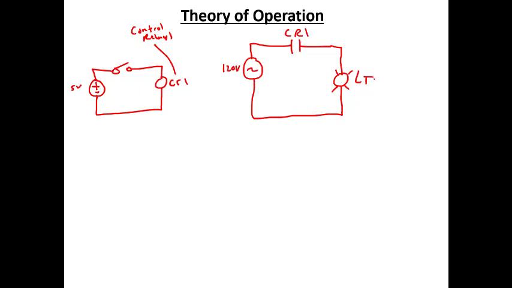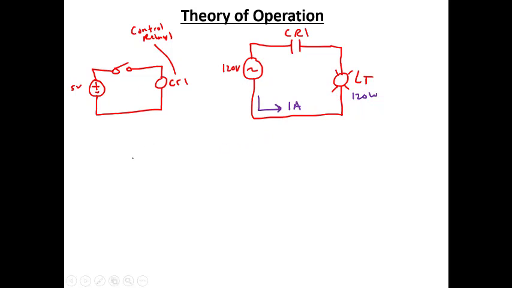Okay, so this is my light. And let's say that the light is a 120 watt light, which would mean that there'd be 1 amp of current coming from the supply in order to power the light. So we'd have 120 volts and 1 amp.